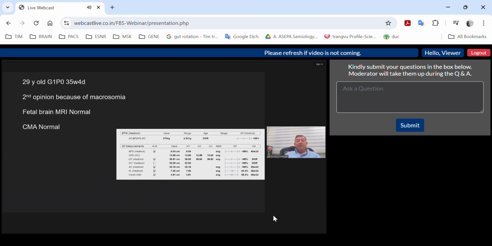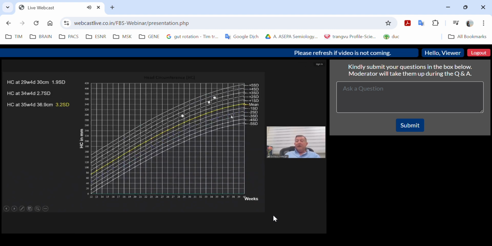Another problem is what you need to do when you have a fetus that is referred to you late in pregnancy because of macrosomy. They come to me after a fetal brain MRI that was considered normal. The CMA was normal, but you can see that the fetus has quite a large head, and here you have the curve of how the head circumference grew.